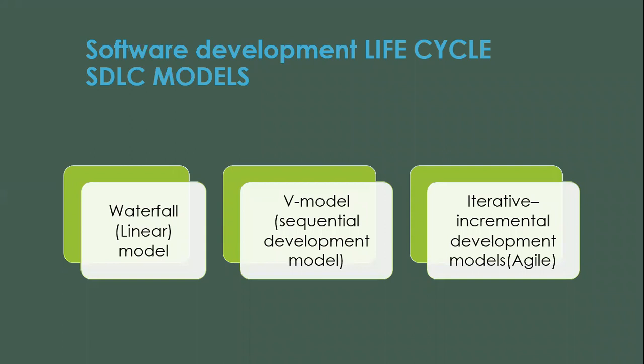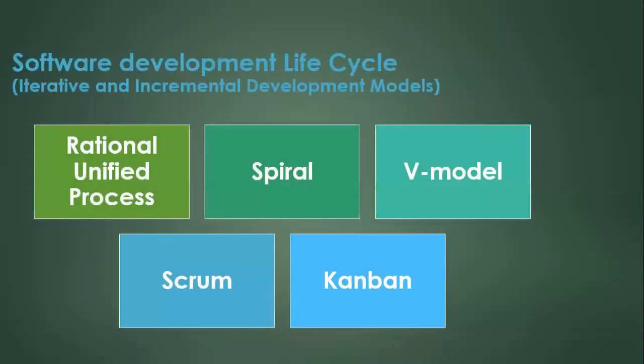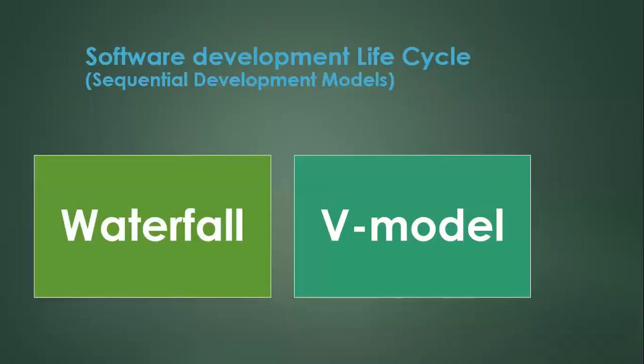All those I've mentioned initially are just examples. Rational unified process, spiral, V model, Scrum, Kanban, and also the waterfall.